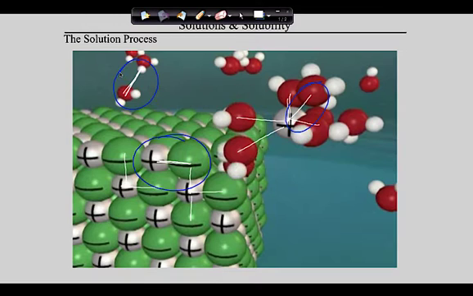Let that sink in. Guys, the reason that salt dissolves in water is because this is stronger than this and this added together. Now guys, as we talk about this, let's add some energetic thoughts to it. What's this up here in the upper left? Hydrogen forces.